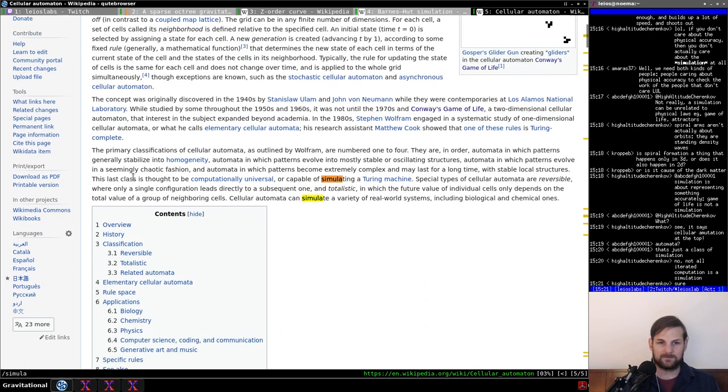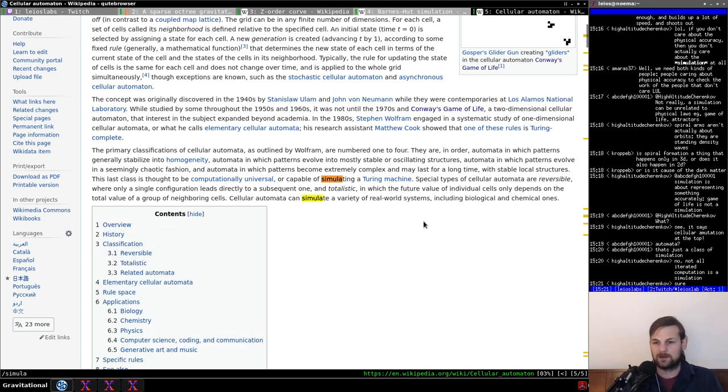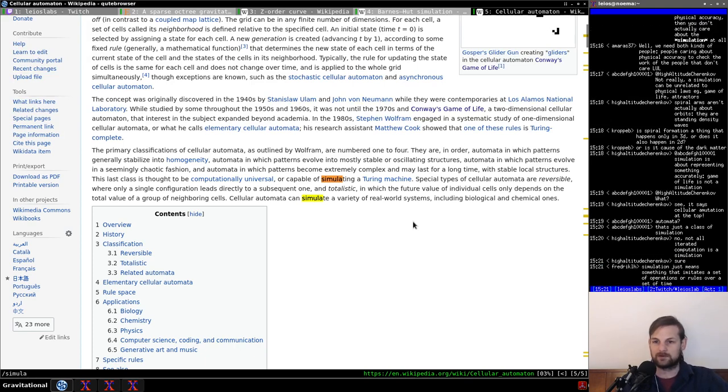This class is thought to be computationally universal, capable of simulating a Turing machine. Special types of cellular automata are reversible. Cellular automata can simulate a variety of real-world systems. It's like MD. MD can simulate a large number of things, right? It doesn't matter if they're super physically accurate. In fact, no simulator is physically accurate, right?